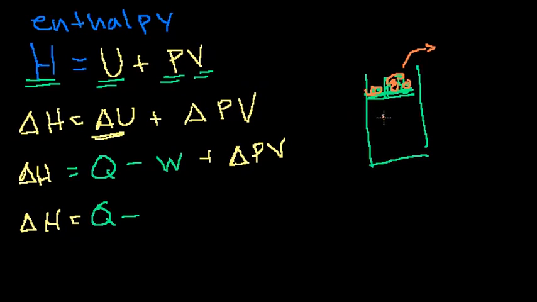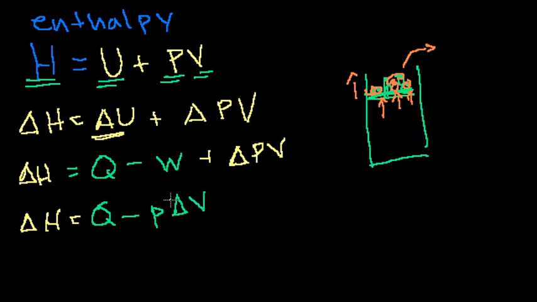You have some pressure being applied up here, and this piston is going to be moving up, and your volume is going to increase. And we showed multiple videos ago that the work done by the system can be, and you can kind of view this as the volume expansion work, it's equal to pressure times change in volume.